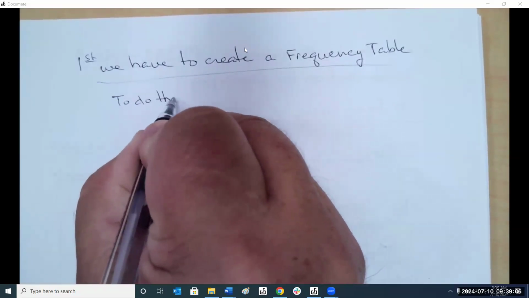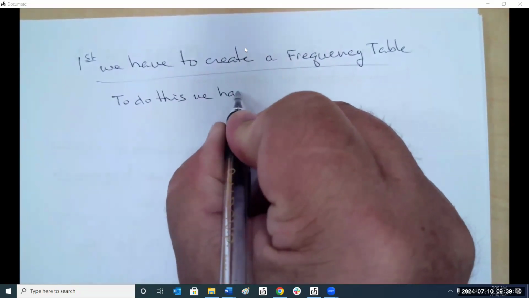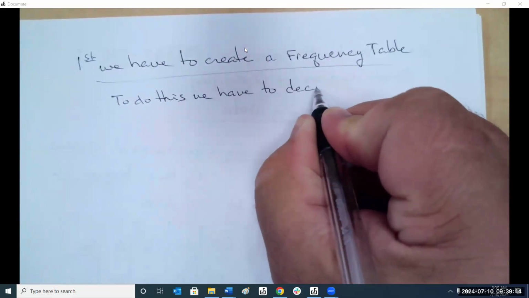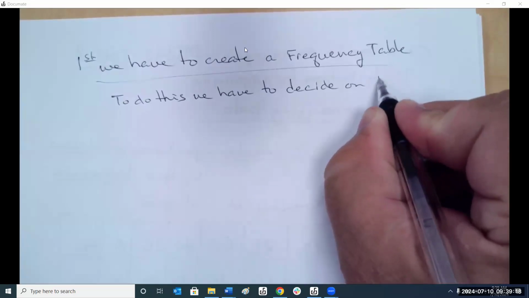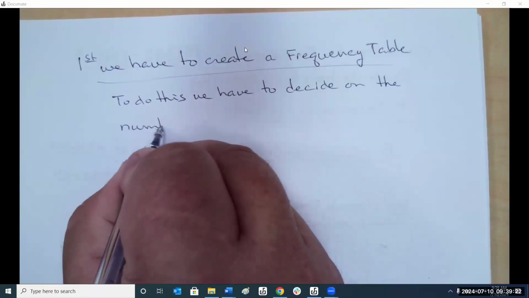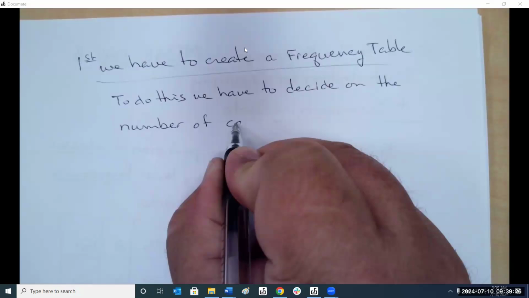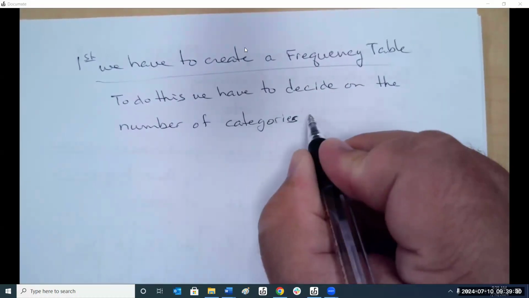To do this, we have to decide on the number of categories.